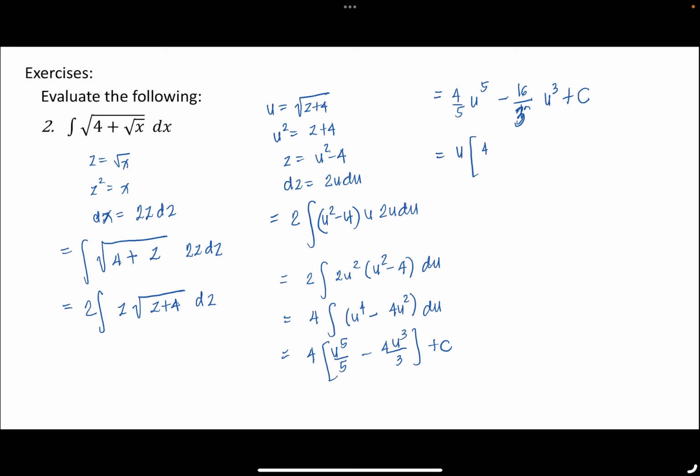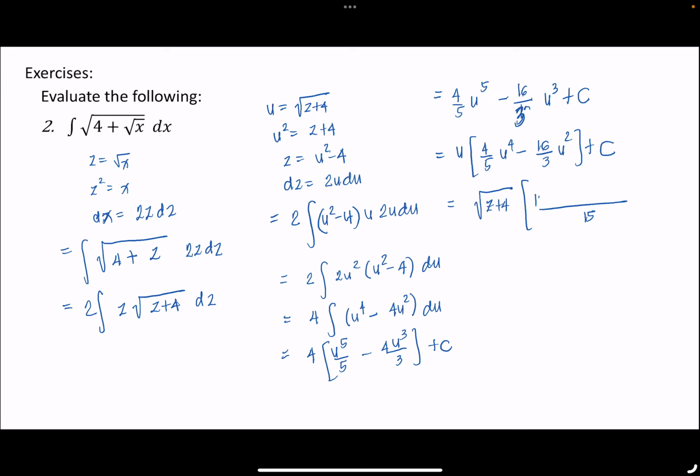So we have u times (4 over 5 u to the 4th minus 16 over 3 u squared) plus c. We factored out u so that we can rewrite this one as the square root of z plus 4. And then the LCD is 15. So 15 divided by 5 is 3.